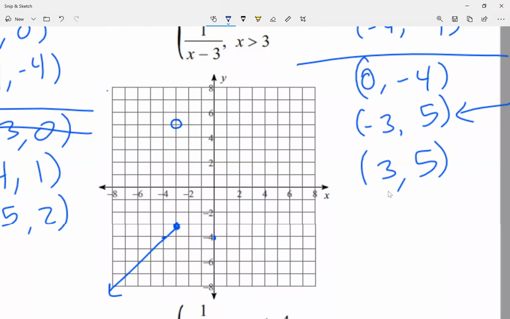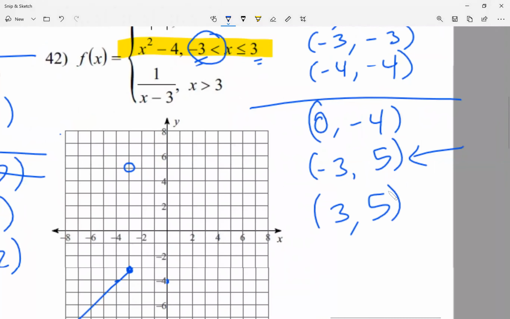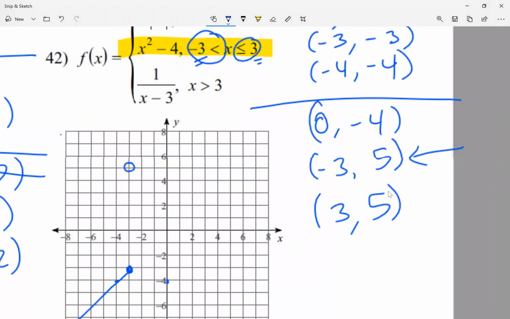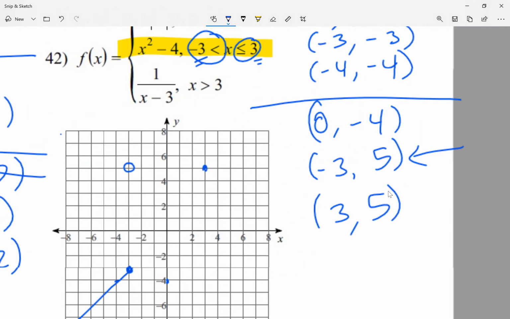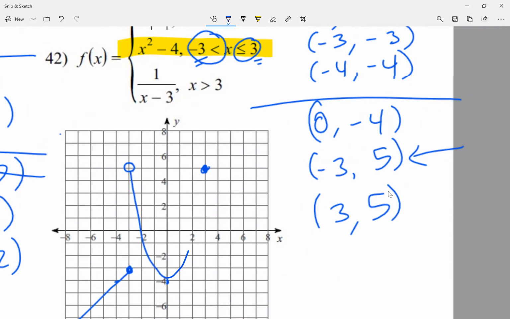Okay, let me graph that. It's right there. My second point, 3, 5. Based on the inequality sign, it's a closed circle. So this would look like that.